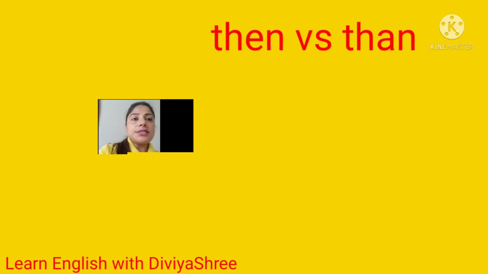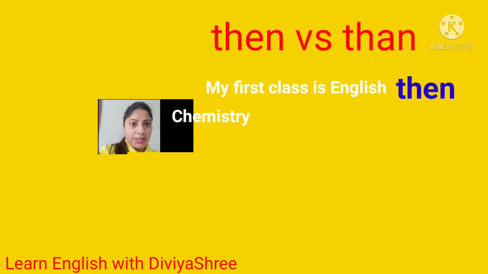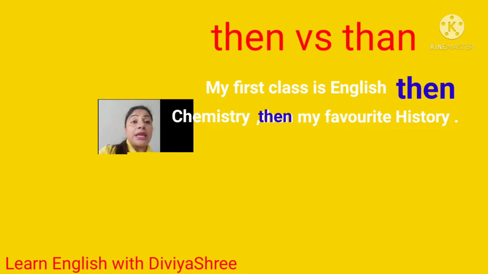"My first class is English, then chemistry, then my favorite, history." Here I use THEN. In English, Mrs. Lena told me, "If you enjoy poetry, then you should read poems."